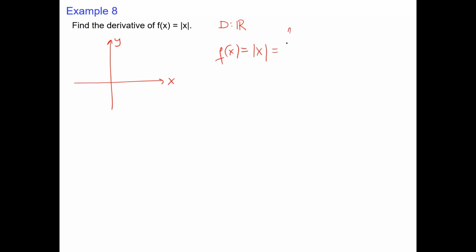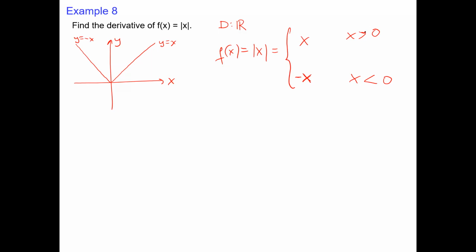If x is positive, then the absolute value is just x, y equals x, but only for the positive part. If x is negative, less than 0, then that quantity is negative, we have to make it positive. And y equals negative x is this graph, but only for the negative part of the x-axis. And this is the graph.